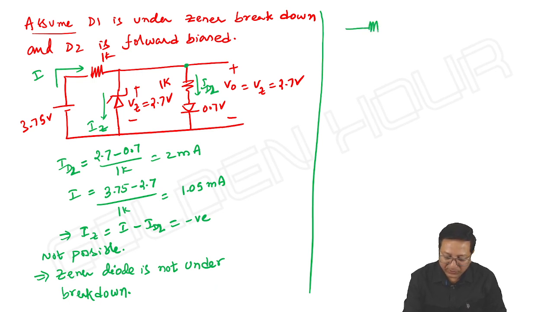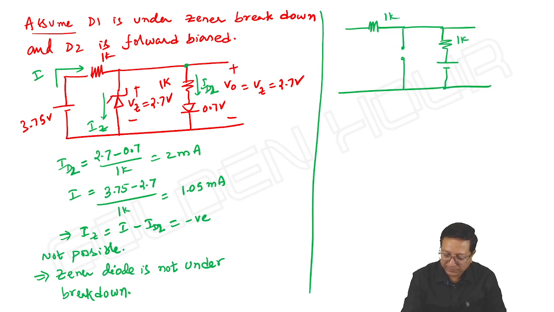In the equivalent circuit, the Zener diode simply acts as an open circuit, and instead of D2, I can write 0.7 volt, and this is the output.